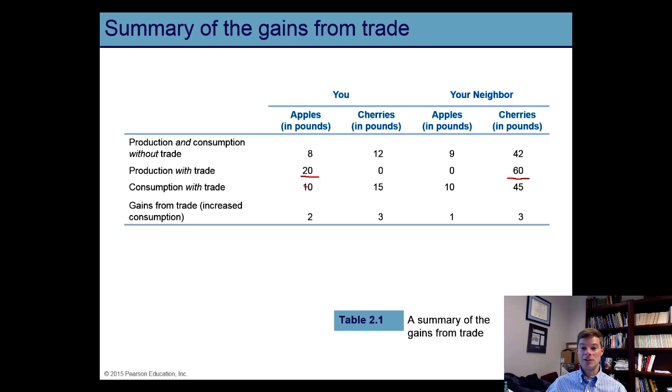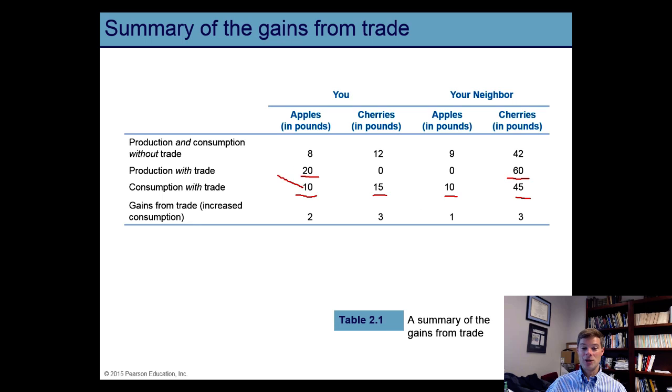You traded 10 pounds of your apples to your neighbor for 15 pounds of your neighbor's cherries. And the result of this was you consumed 10 pounds of apples and 15 pounds of cherries with trade, and your neighbor consumed 10 pounds of apples and 45 pounds of cherries with trade.